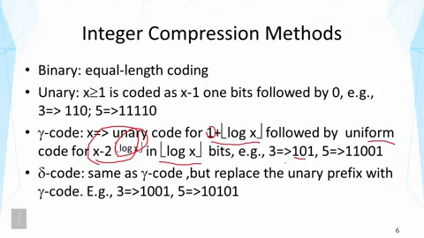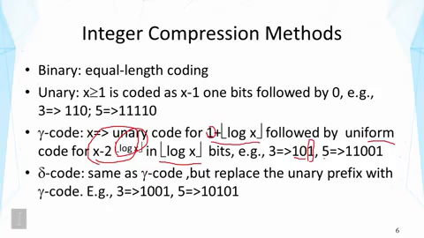Since this is 2, then we know that the floor of log of x is actually 1. But 3 is still larger than 2 to the 1. So the difference is 1, and that 1 is encoded here at the end. So that's why we have 101 for 3.